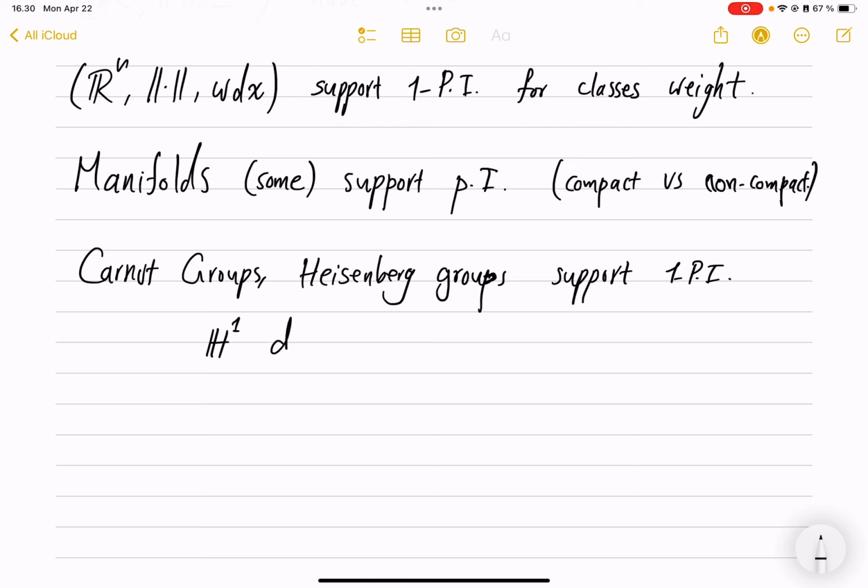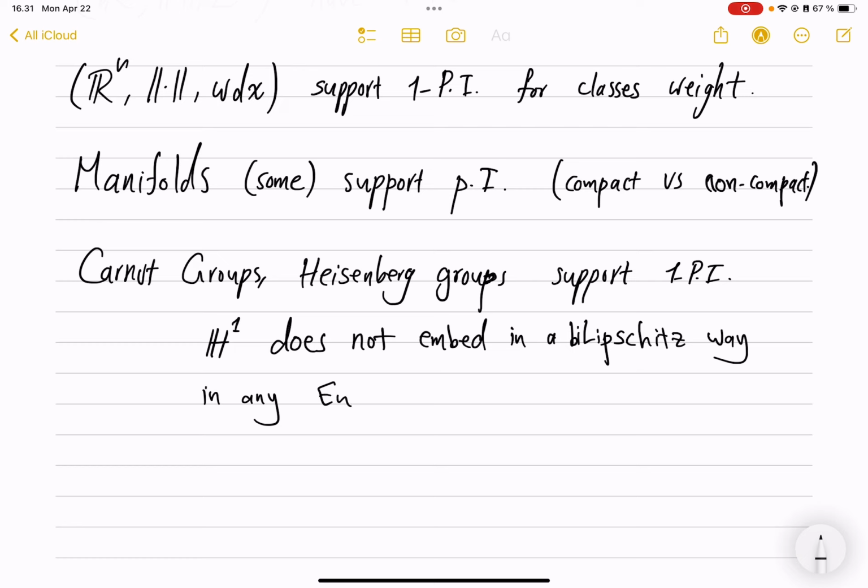So we know that H^n, and in this case H1 for instance, does not embed in a bi-Lipschitz way in any Euclidean space, even if you allow a very large dimension.